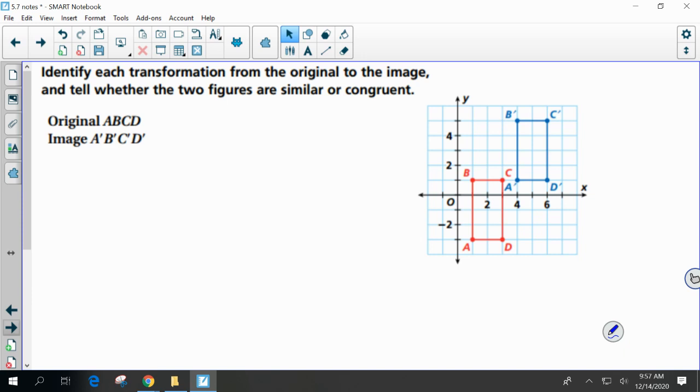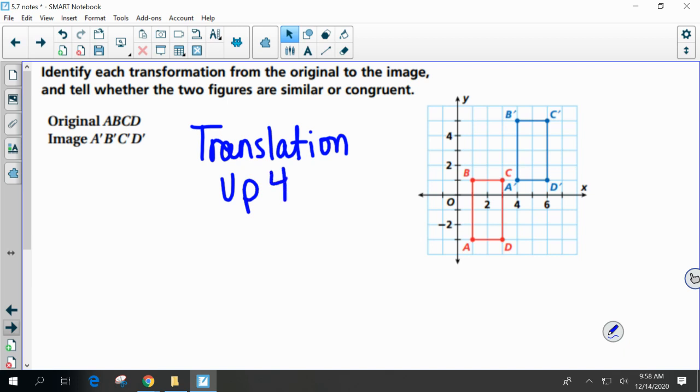So going from B to B prime, what directions do you have to move? Over 3, up 4. Okay, I heard up 4, so translation. All right, up 4, over 3, and I heard over, but what direction's over?